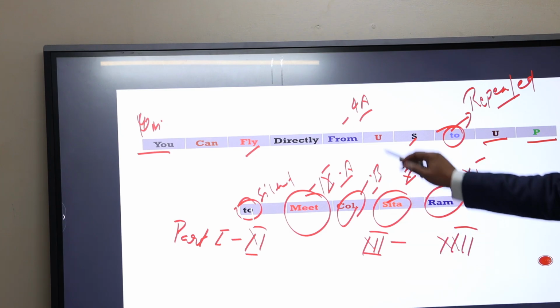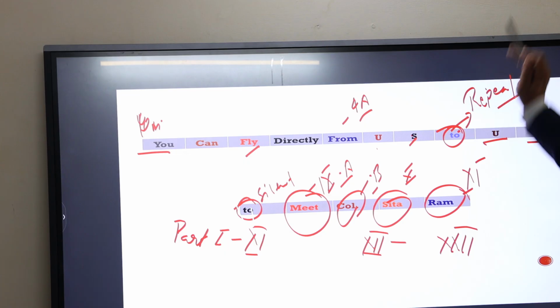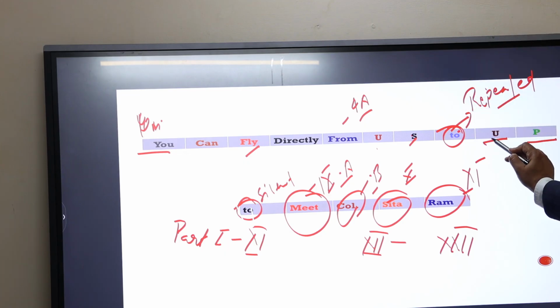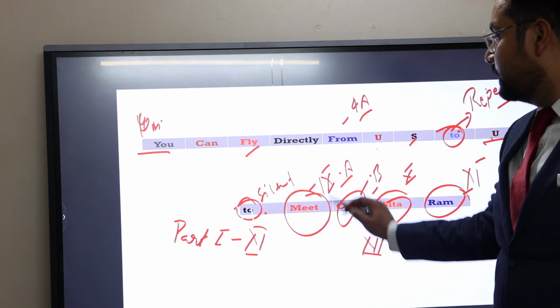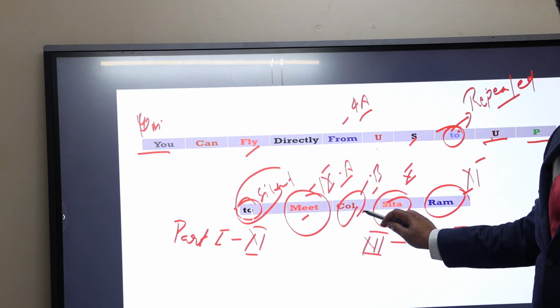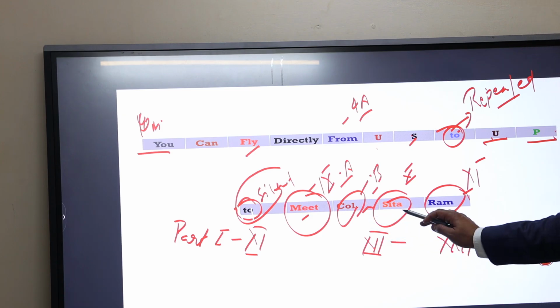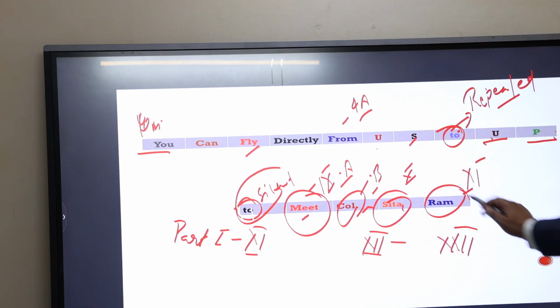Then union, states, 2 means repealed provision of princely states. Now again UT, Panchayati Raj, part 9. Part 9A, this one is silent, is municipality. 9B, Colonel, means cooperative societies. Then here comes Sita, that is a special provision for schedule and tribal areas. Then Ram means relation between center and state.